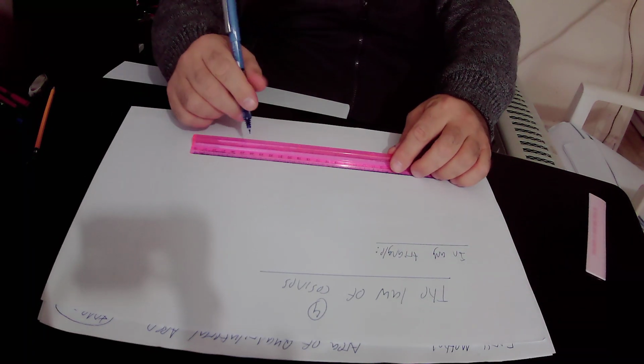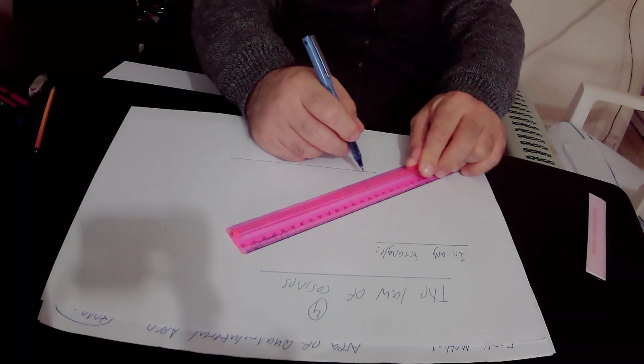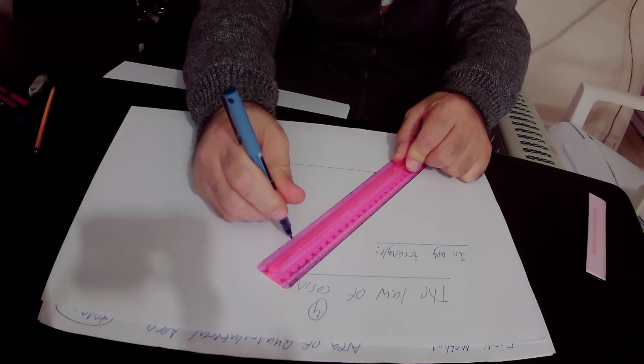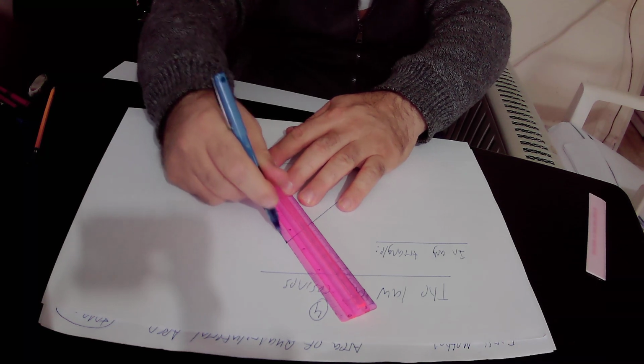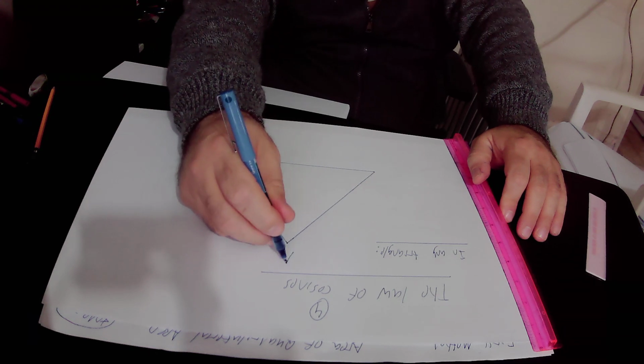So if we have triangle ABC, that could be any triangle, this is triangle ABC.